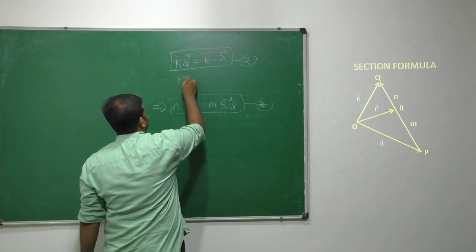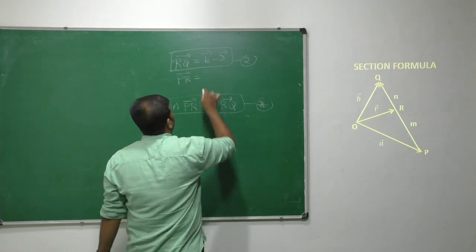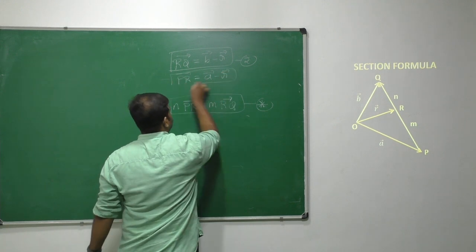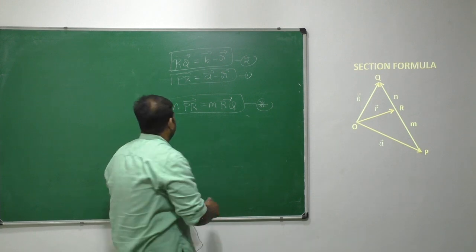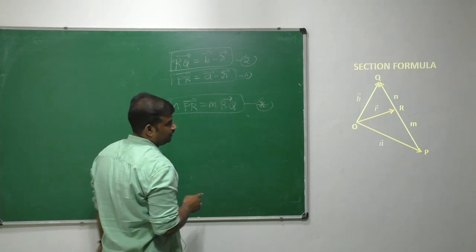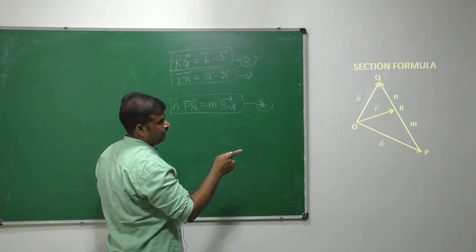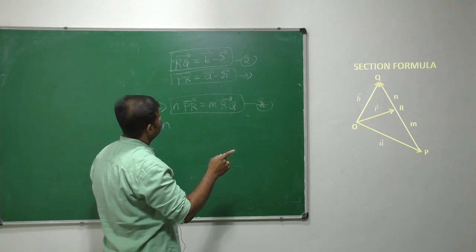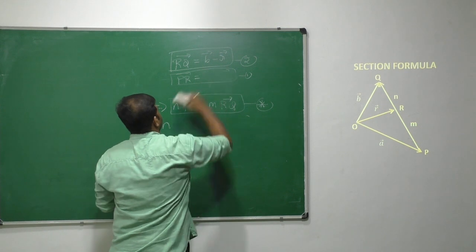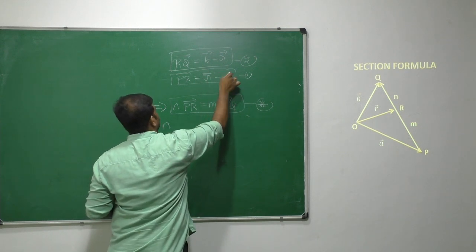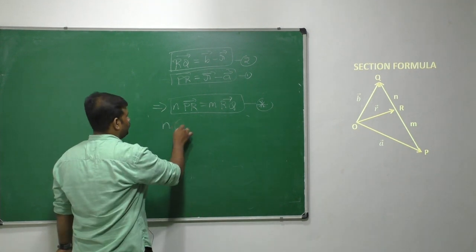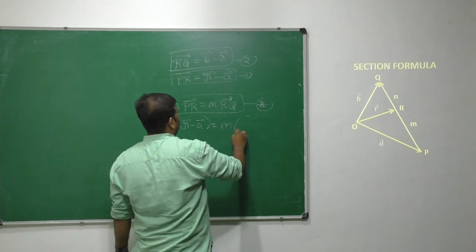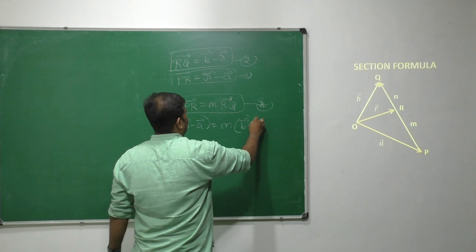Vector PR is equal to, sorry, this is R minus A, vector R minus vector A, that is equation 1. So n into vector R minus vector A is equal to m into vector B minus vector R.